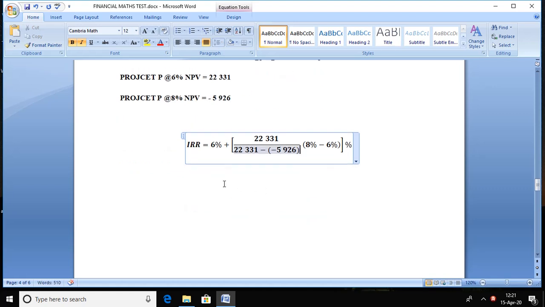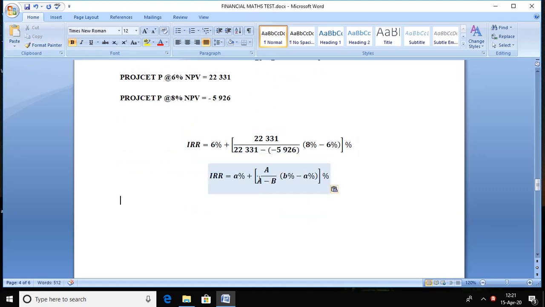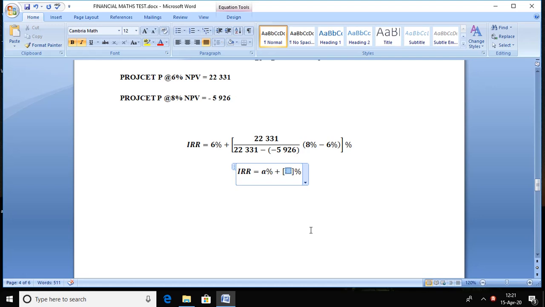So what happens here, when you multiply everything in the brackets, you should have 22331 plus, negative multiplied by negative will be a plus, 5926. So 22331 divided by the sum of the denominator there, and then multiplied by 2, which is 8 minus 6 equals 2.